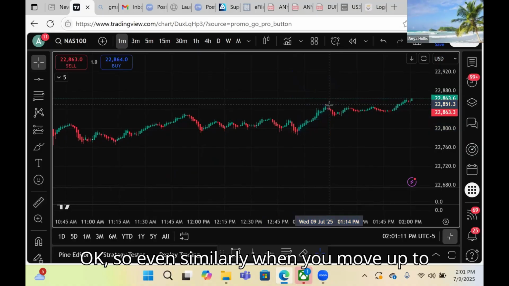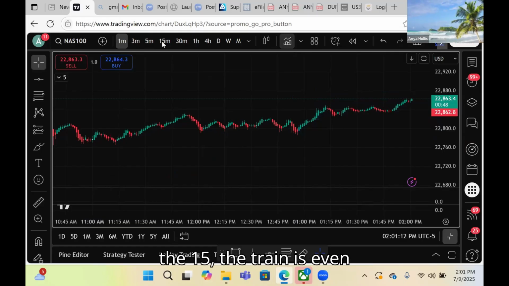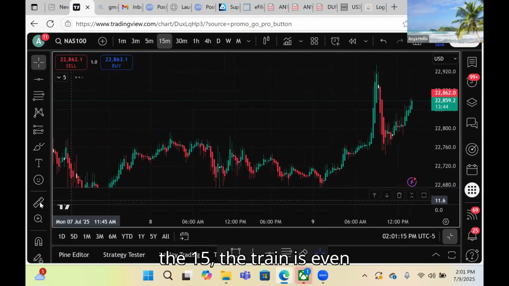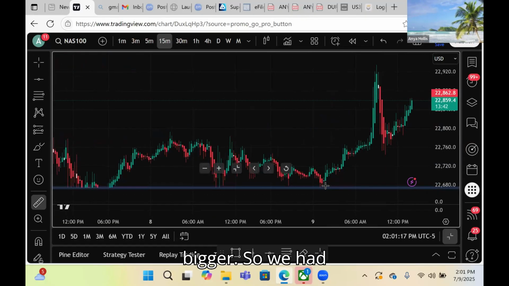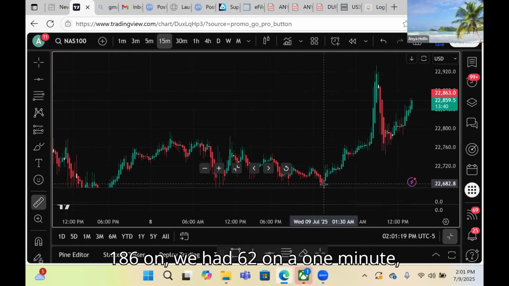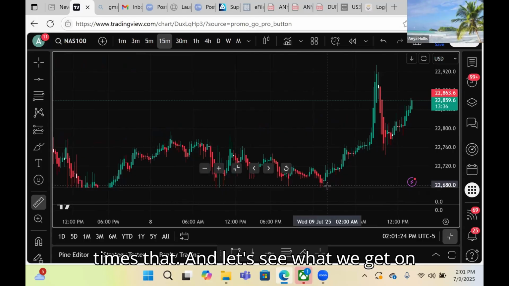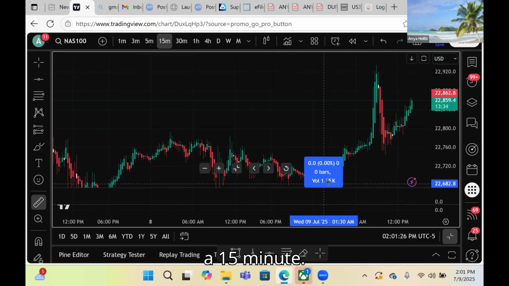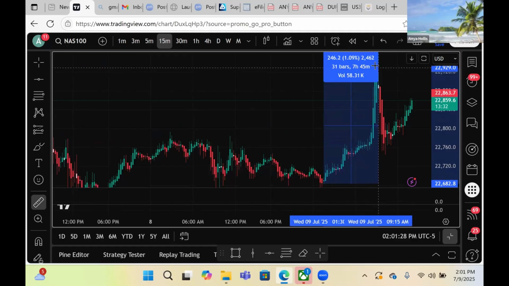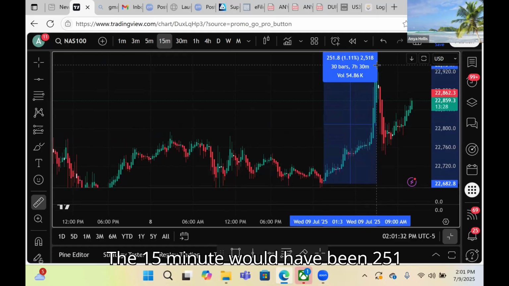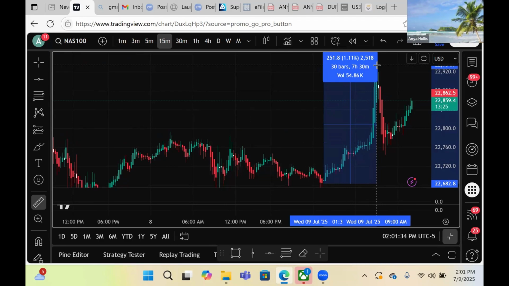Okay. So even similarly, when you move up to the 15 minute, the trend is even bigger. So we had 62 on the 1 minute, 186 on the 5 minute, which is 3 times that. And let's see what we get on the 15 minute. The 15 minute would have been 251 points.